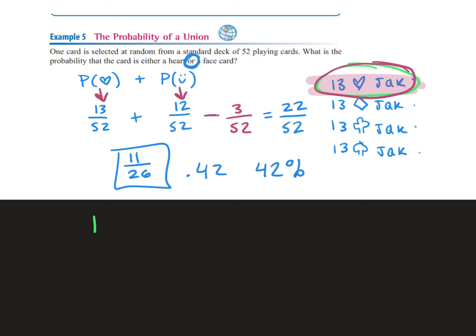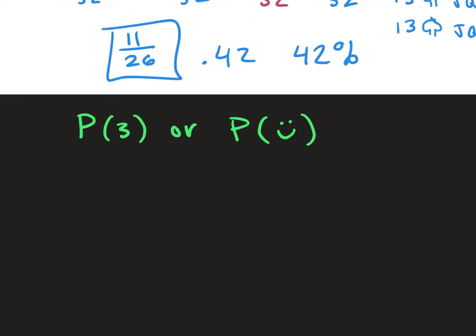Okay, let's say we need to find the probability that we have a 3 still in a deck of cards, or the probability that it is a face card. So what's the probability that we have a 3? How many 3s are in our deck? Four.